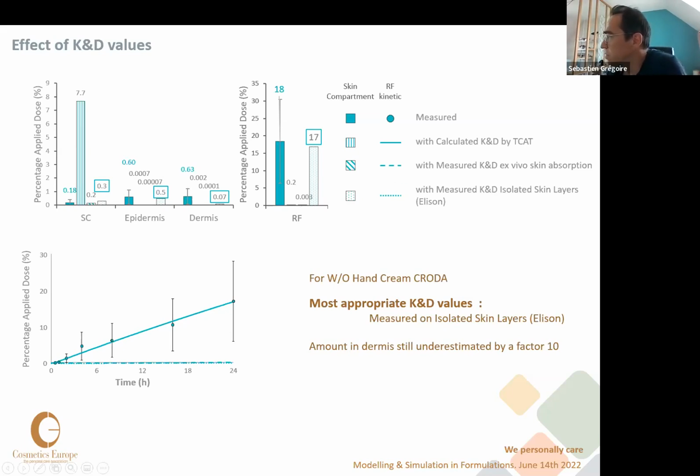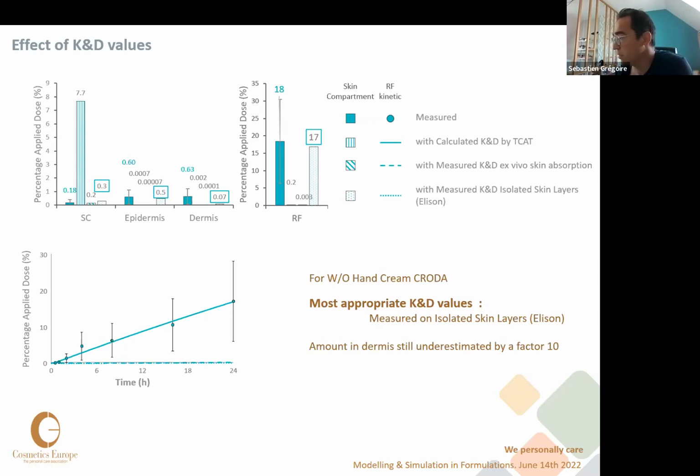The first one corresponds to the calculated one, and it doesn't provide really relevant information. I just remind that for the caffeine evaluation with the aqueous solution, the predicted TCAT partition and diffusion coefficient was really appropriate. When we measured the partition and diffusion coefficient, it is really not so effective. And we used the partition and diffusion coefficient measured on isolated skin layers, which provide the best adequation with the experimental value.